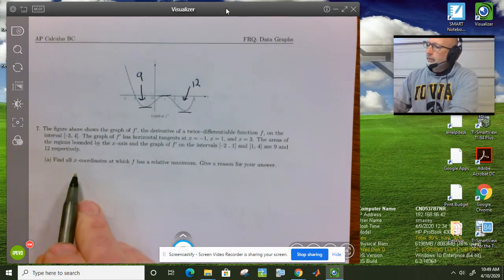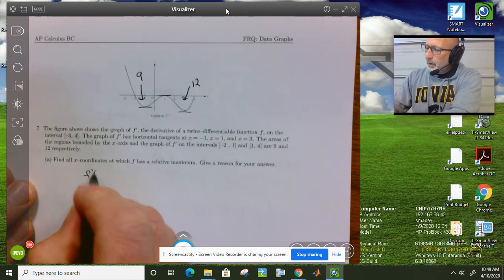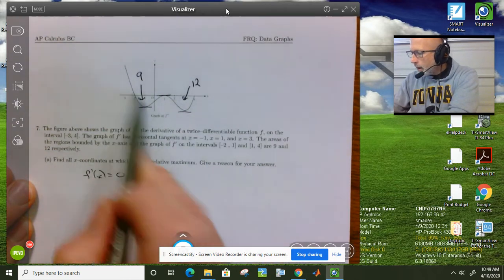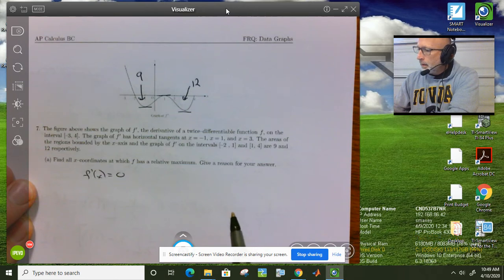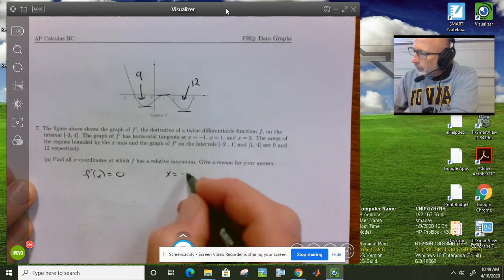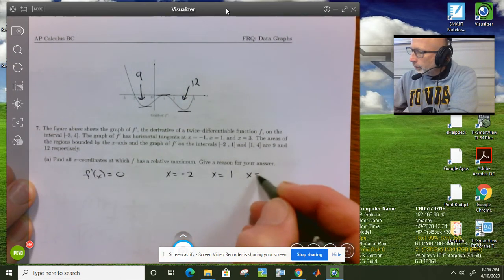Okay, find all x coordinates at which f has a relative maximum. Well, that means that f prime of x has to be equal to 0. This is the graph of f prime. So f prime is going to be equal to 0 at x equal to -2, x equal to 1, and x equal to 4.